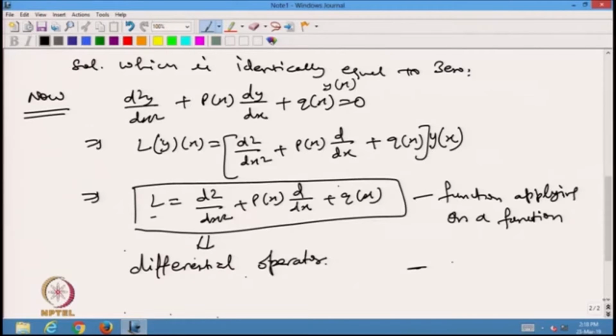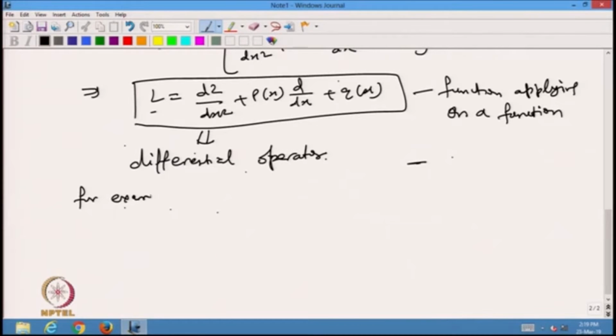For example, suppose I take L equal to d square over dx square plus d by dx plus 2q(x), and I apply it on sin x.